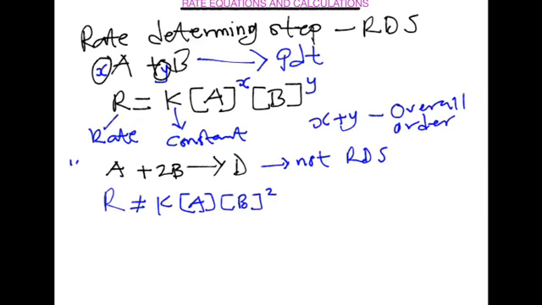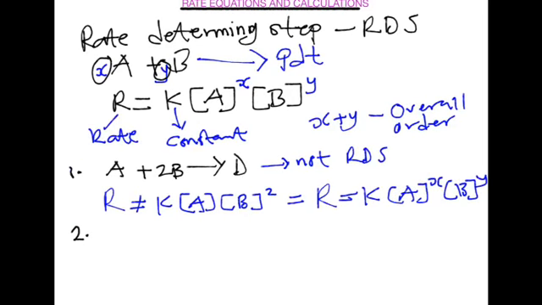No, this cannot be our rate equation. Alright, how then do we write it? You write it with a general formula, which is R given as K, A to the X, B to the Y. So X and Y will be determined experimentally.